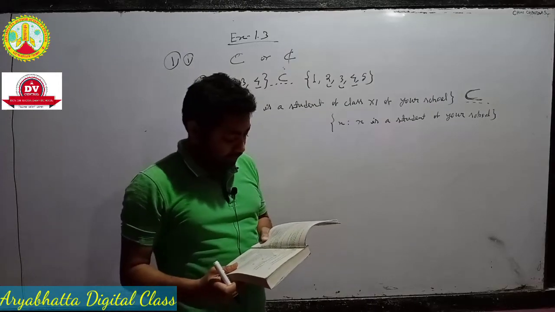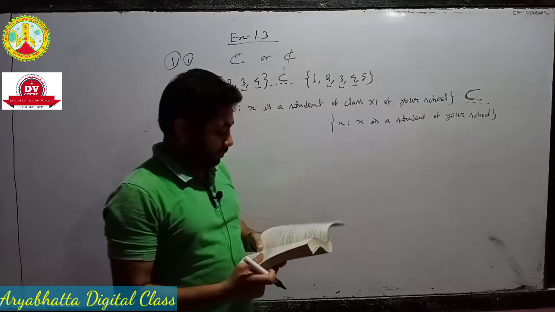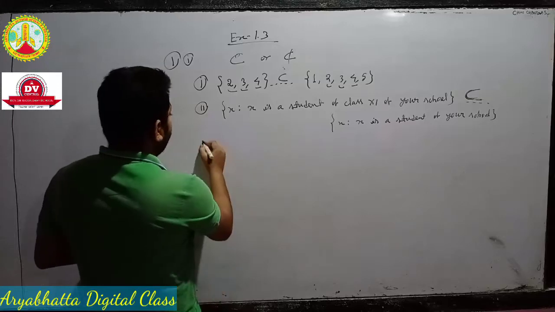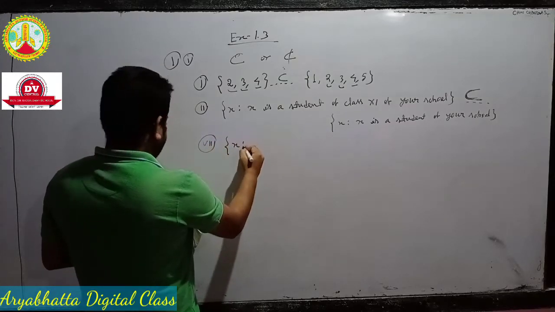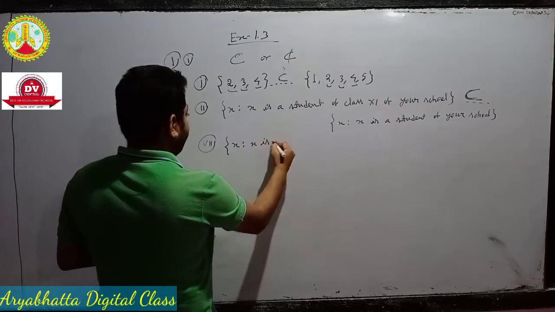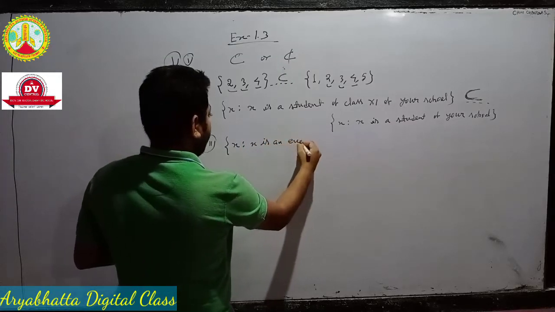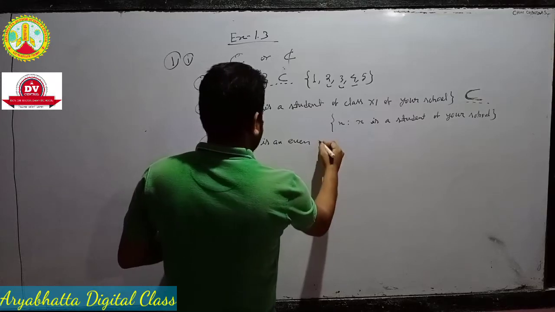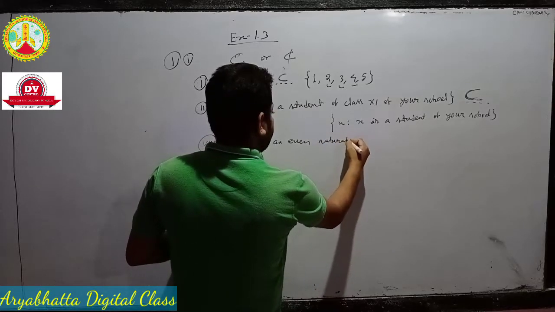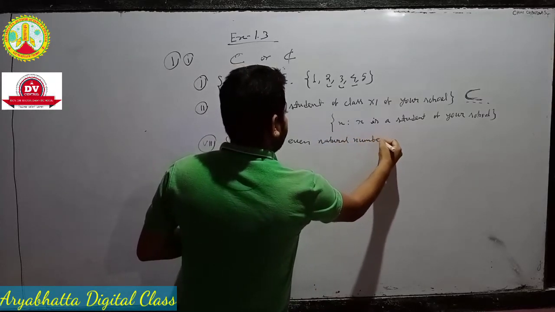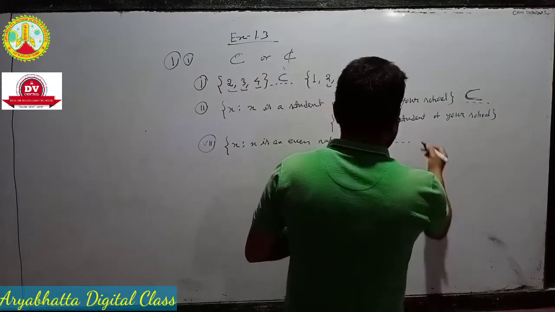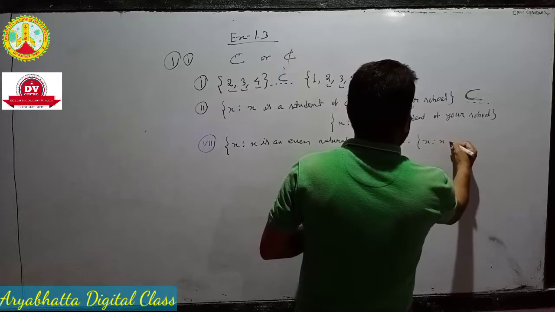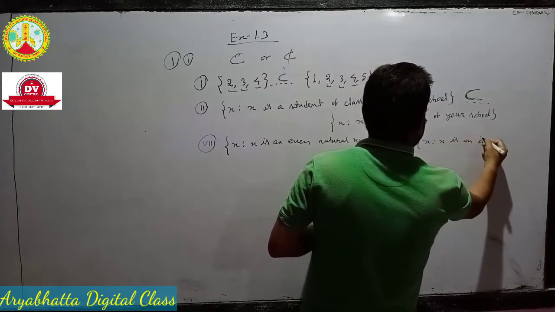Next, number 7. X such that X is an even natural number. Next, X such that X is an integer.